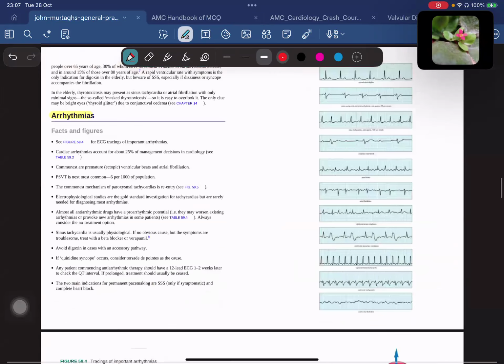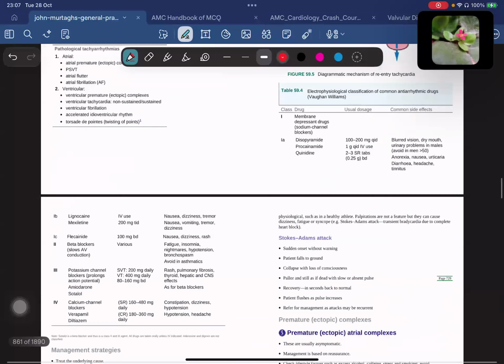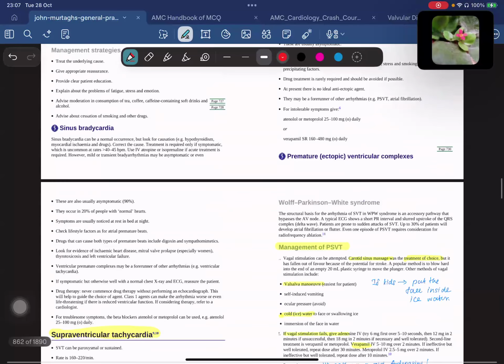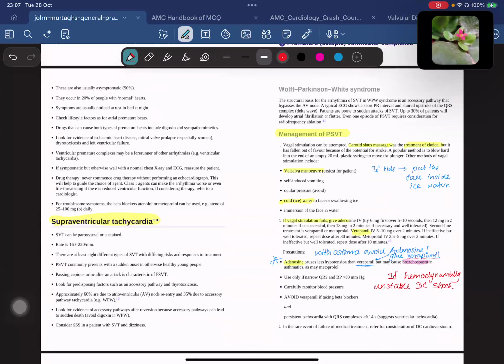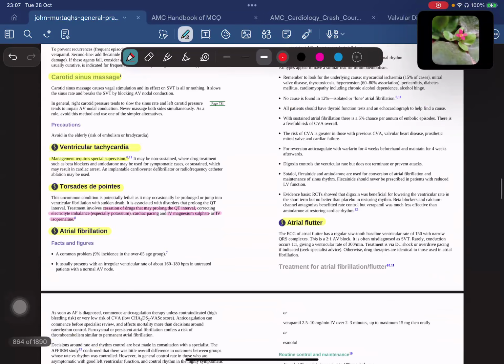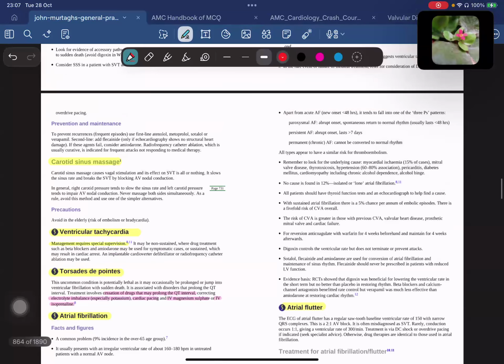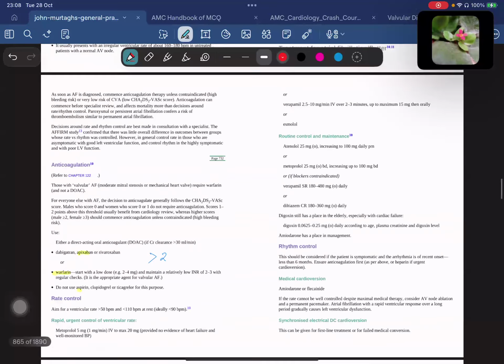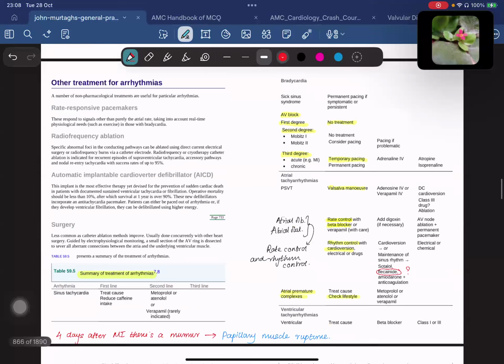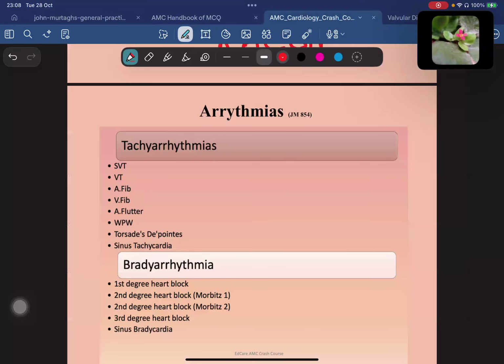So, arrhythmias. You can always have a read through all of this information from the John Murtagh book, but I have just made a very short version.